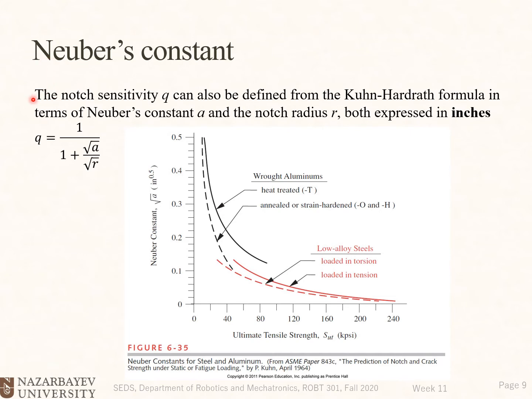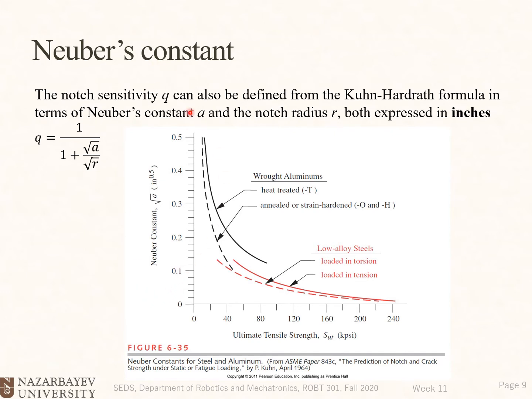The notch sensitivity Q can also be defined from the Kuhn-Hardrath formula in terms of Neuber's constant A and the notch radius R, both expressed in inches. Q is equal to 1 divided by 1 plus square root of A divided by square root of R. R is the notch radius and A is Neuber's constant.